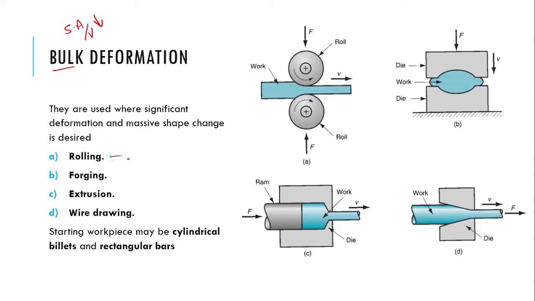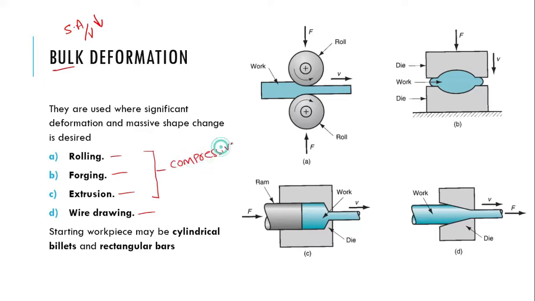So what are the types of the bulk deformation process? We have rolling, forging, extrusion, and wire and bar drawing. If you remember, we quoted in the first slide that in the deformation process we mostly apply compressive stress. So among these four, three of them apply compressive stresses.